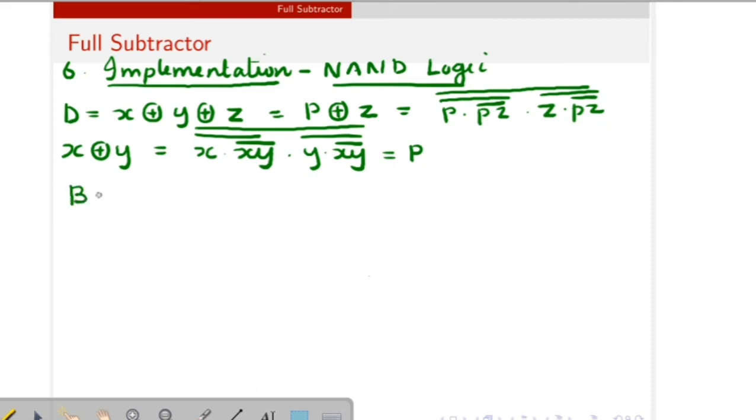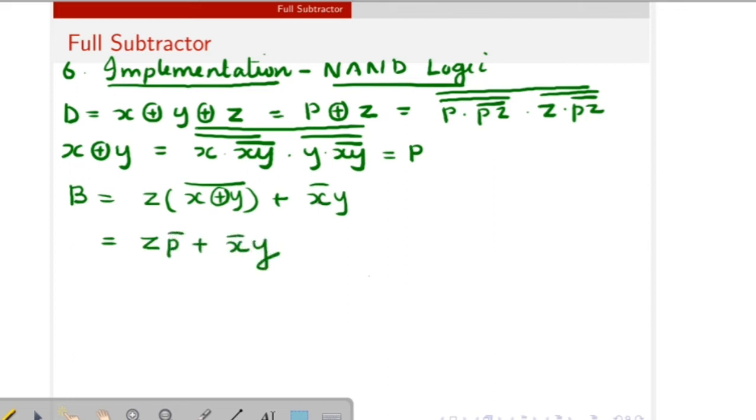So we have the expression B is equal to Z into (X XOR Y) bar plus X bar Y. We know that X XOR Y is equal to P. So this can be written as ZP bar plus X bar Y. Then we rewrite this expression as ZP bar plus ZZ bar plus X bar Y plus YY bar.